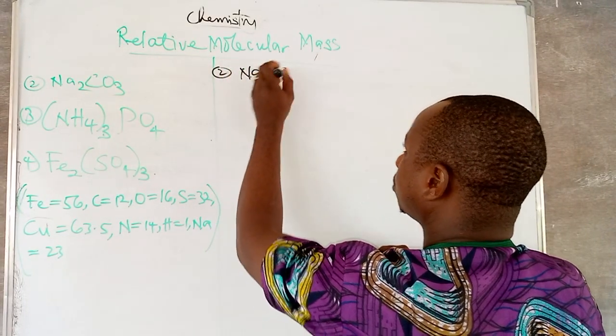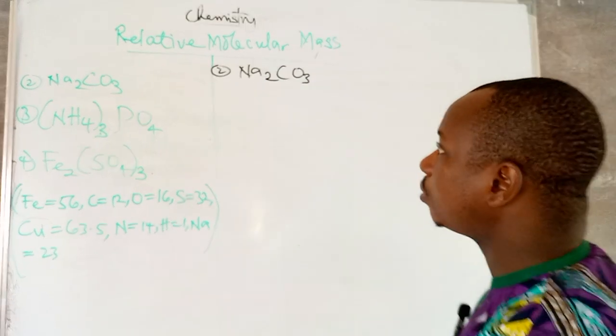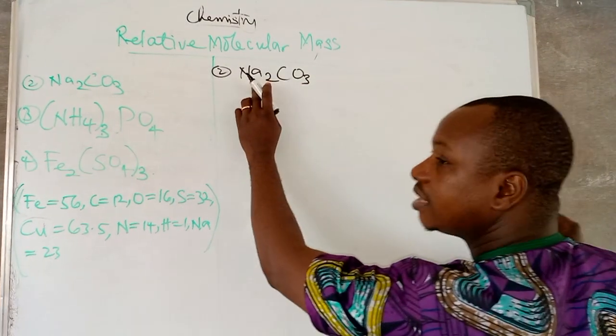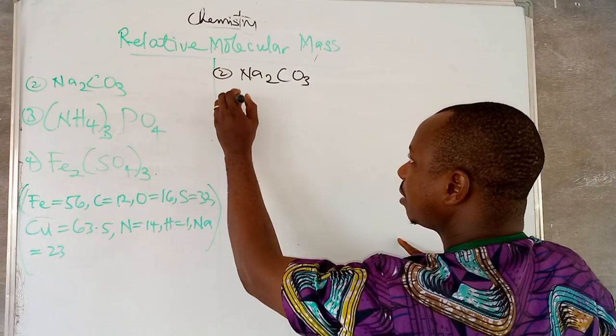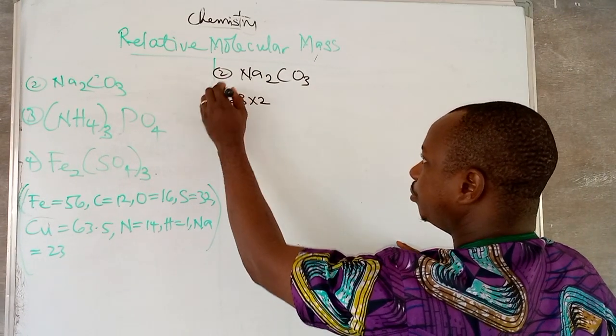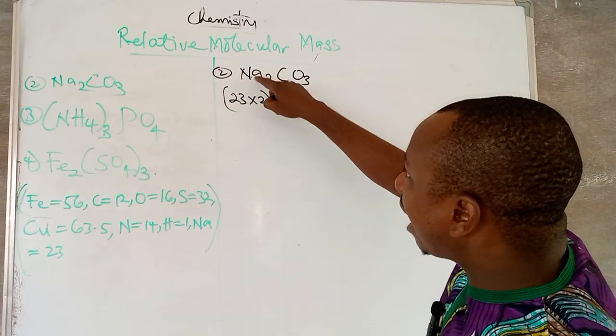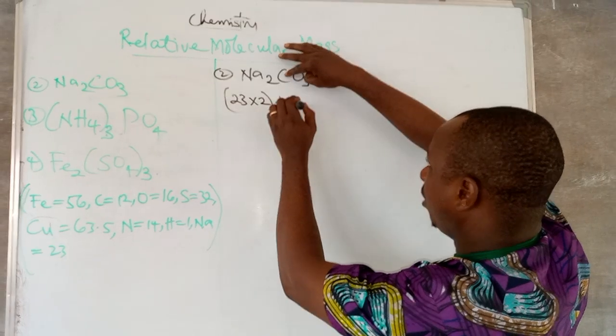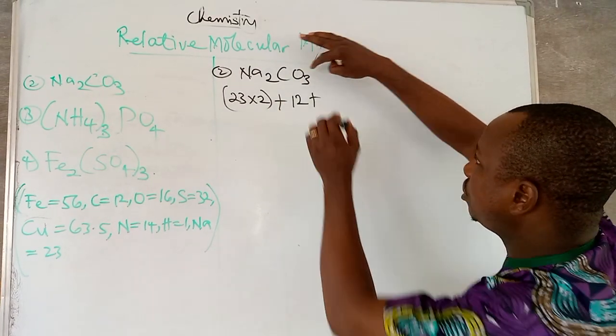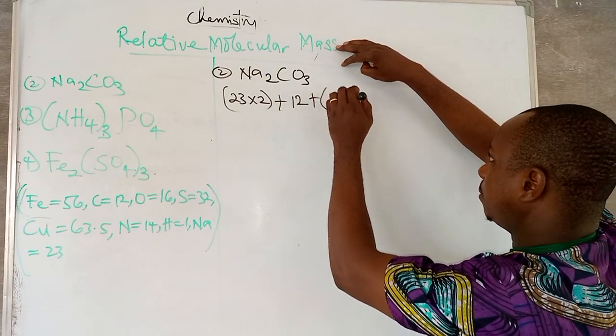So let's check example 2 now. Sodium trioxocarbonate(IV). So the relative atomic mass of sodium from the bracket we have been given is 23, but we have 2 sodium. Don't forget, this 2 is affecting sodium, plus carbon is 12, plus oxygen is 16.